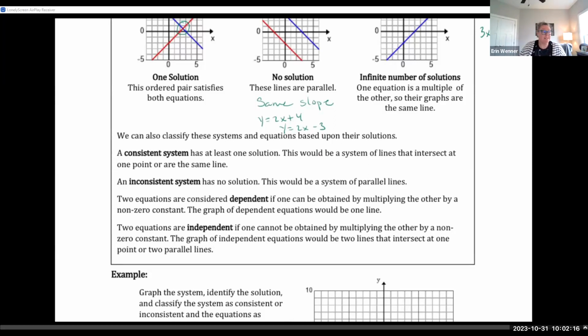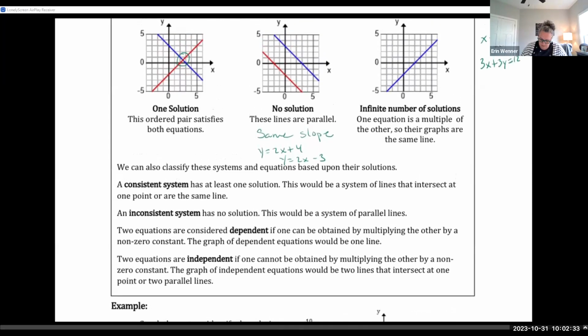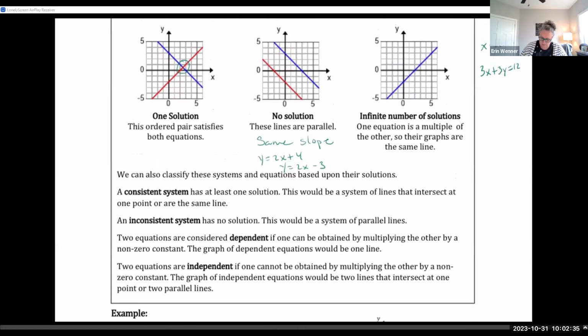Two equations can be considered dependent if one can be obtained from the other by multiplying by a non-zero constant. Again, the graph of dependent equations would be one line. The example for these dependent equations would be these two up here: x plus y equals 4 and 3x plus 3y equals 12.